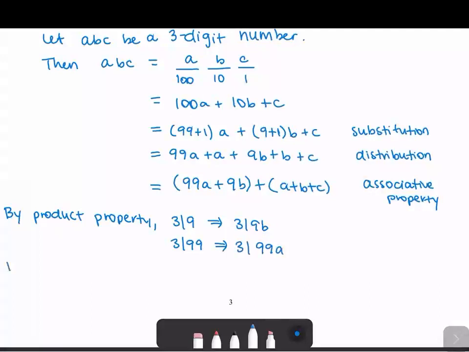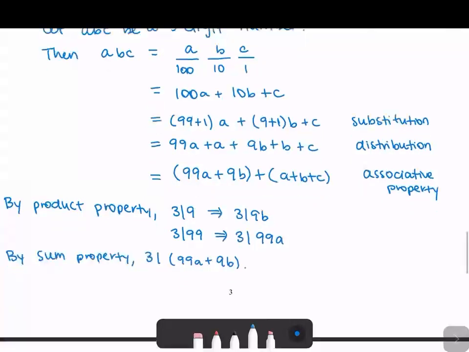Oof, that looks kind of bad. So that's the product property. And then we again use the sum property. So by the sum property, 3 divides 99A plus 9B.